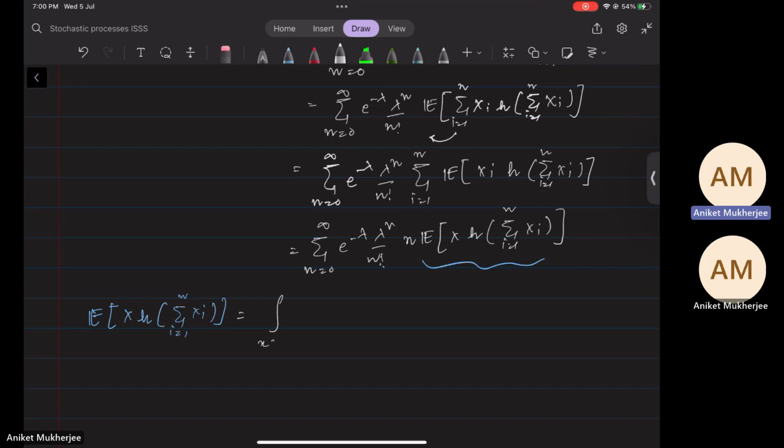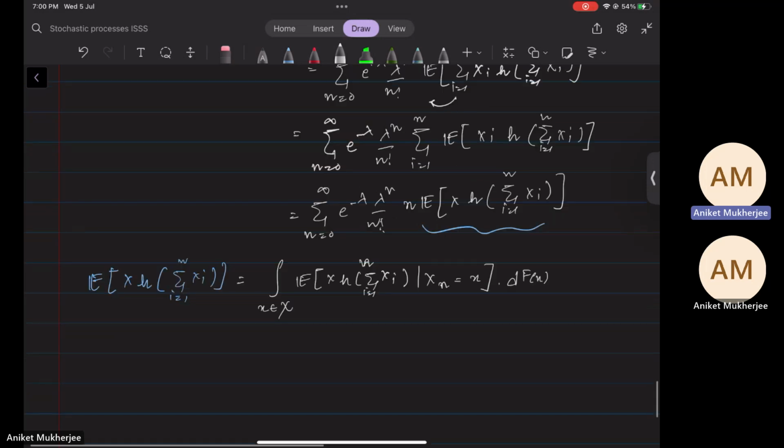So for X belonging to all the values that X can take, the expectation of X h of the summation conditioned on X taking a value x, times the probability that it takes the value x.